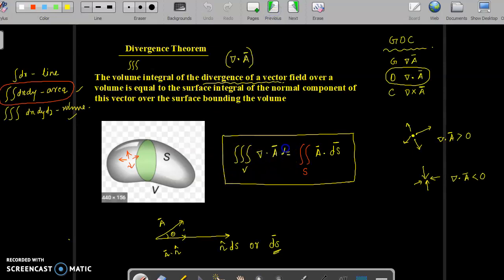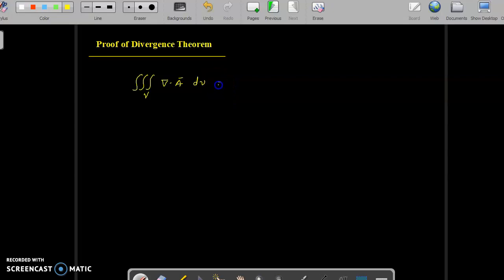Here dv is missing, so dv, because it is a volume integral, is equal to the surface integral of that vector ds. Now what is the proof of this theorem?